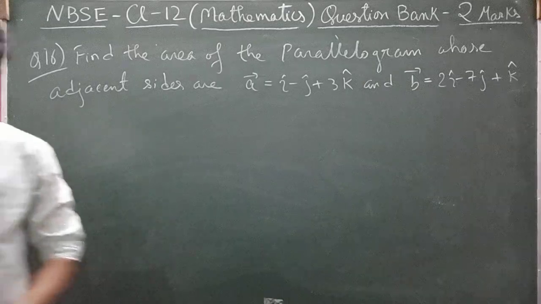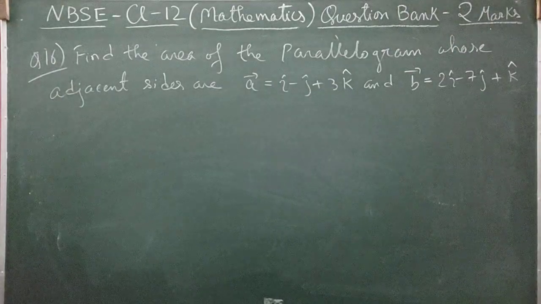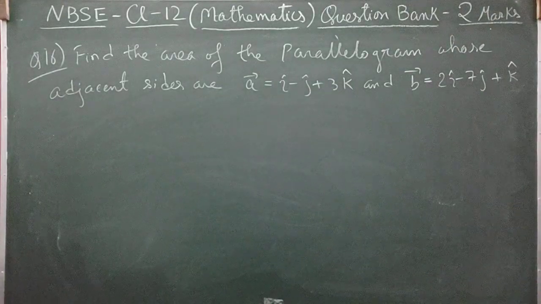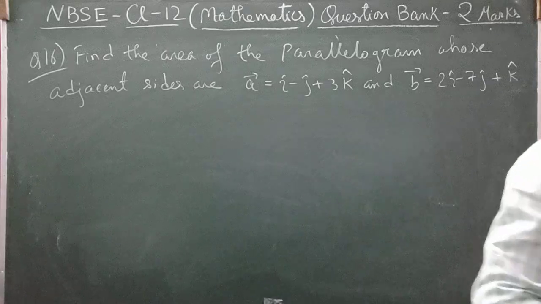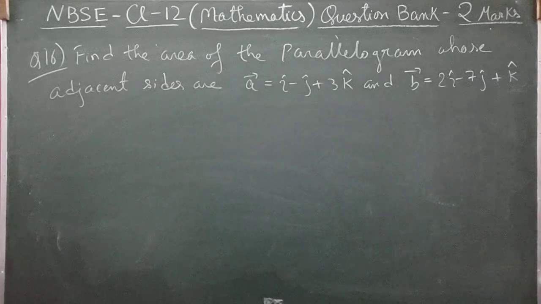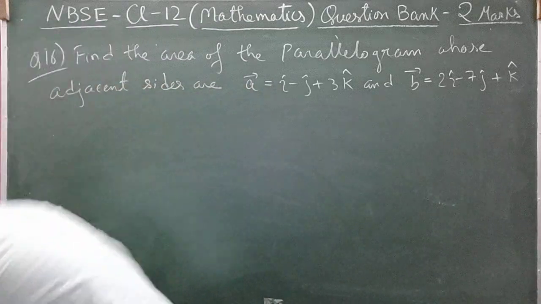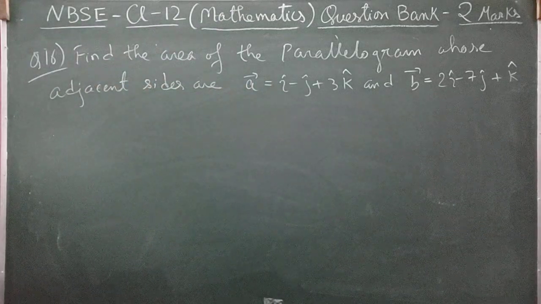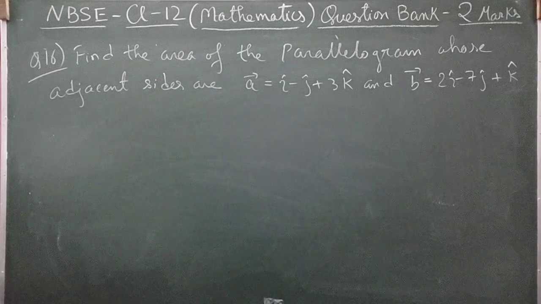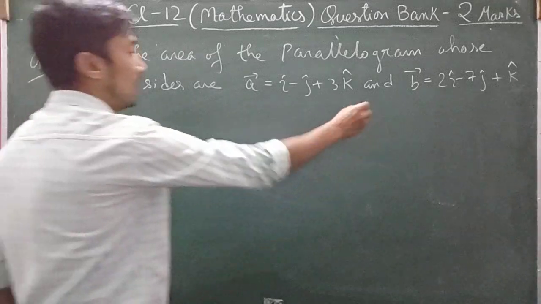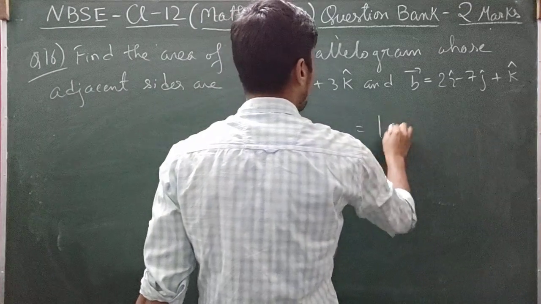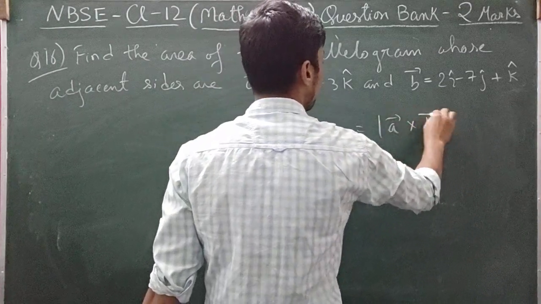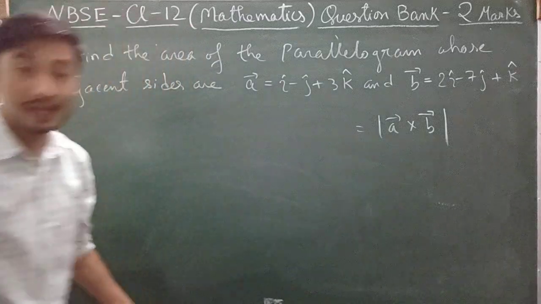Now I can just check what was the formula to find out area of a parallelogram. Yes, area of parallelogram was simply magnitude of A cross B, if A and B are the adjacent sides.